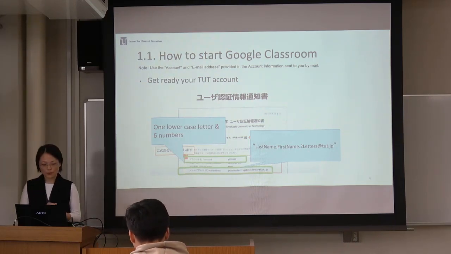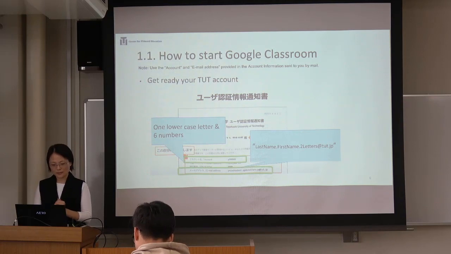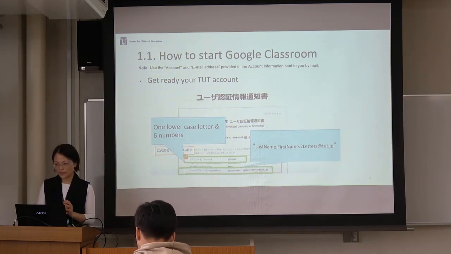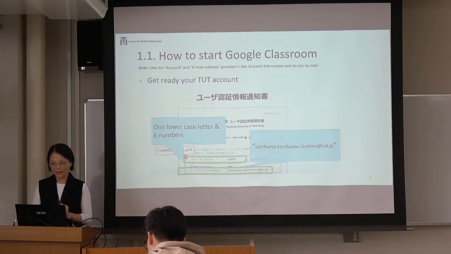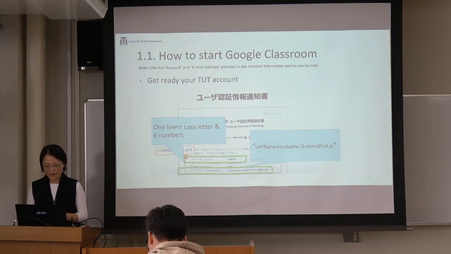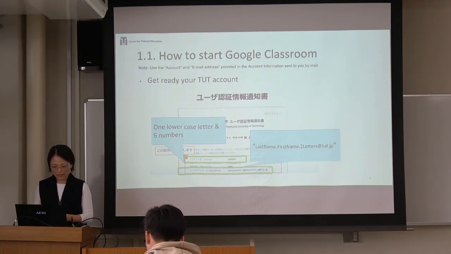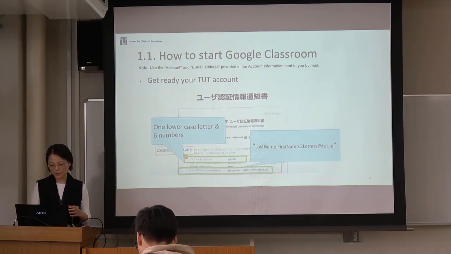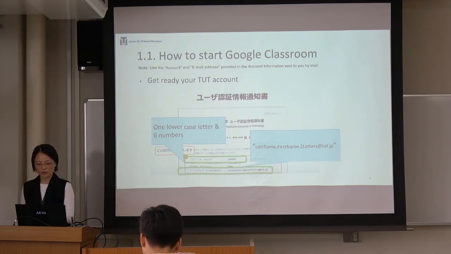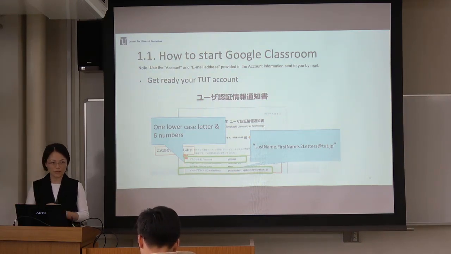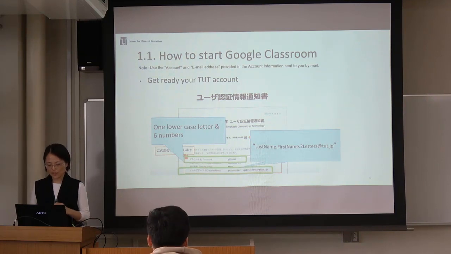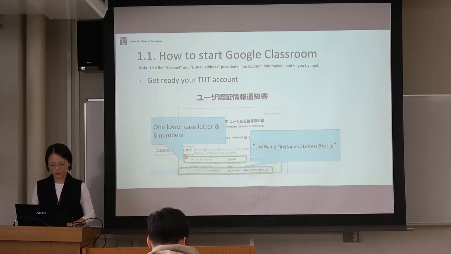Yeah, so the username is one lowercase letter plus 6 numbers, okay, on that letter you received. And then you have your email address assigned to you as perhaps last name, dot first name, dot 2 letters at tot.jp, right? So keep this information very close to yourself because we are going to use this TOT account a lot in different platforms.